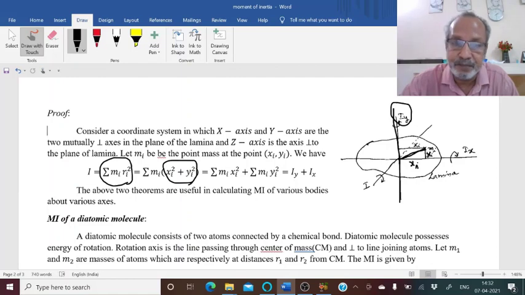And yi is the distance between mass Mi and the x-axis. This is the x-axis. Distance between Mi and the x-axis is yi. So sigma Mi yi square will be equal to the moment of inertia about the x-axis, that is Ix. So I is equal to Iy plus Ix. That is the perpendicular axis theorem.